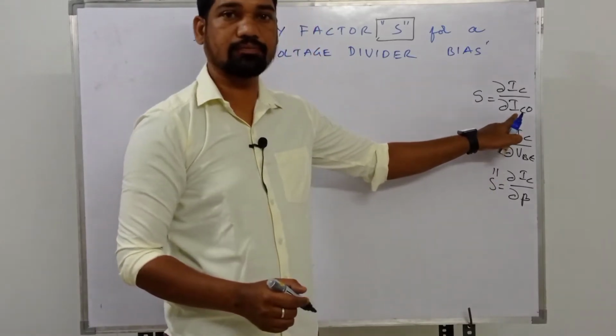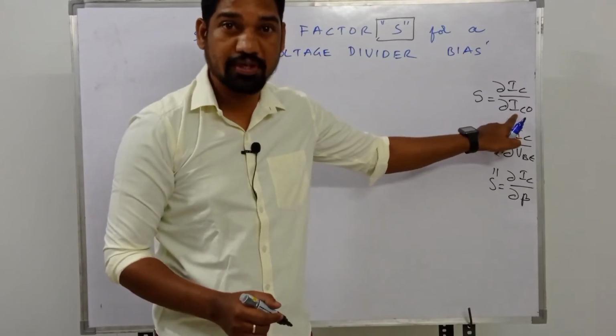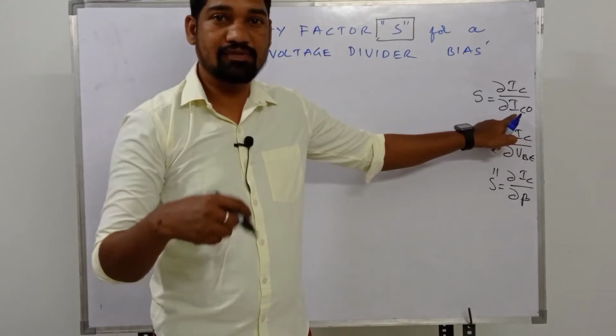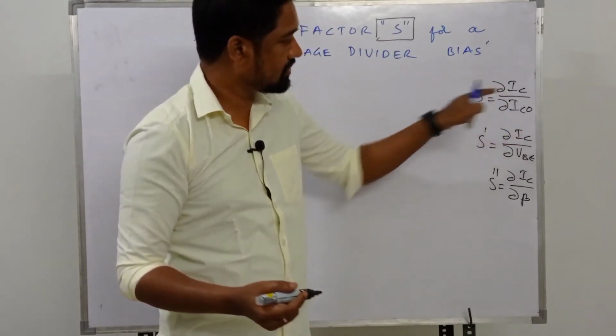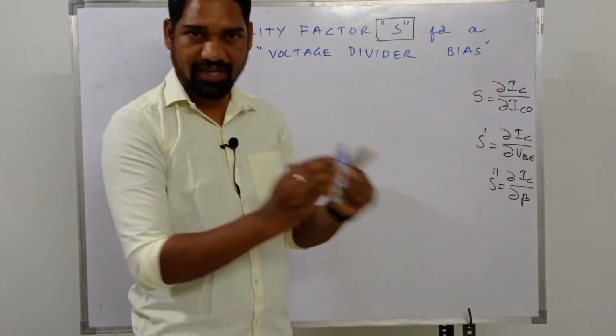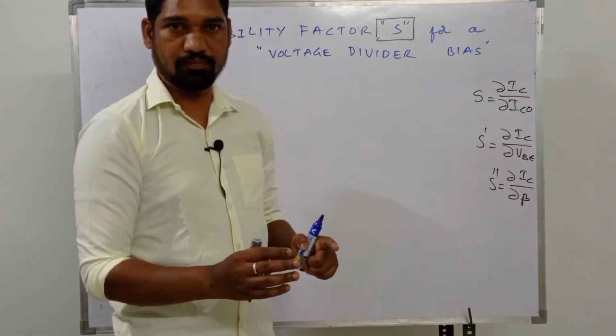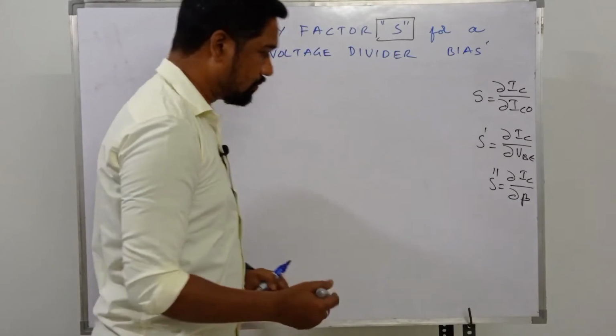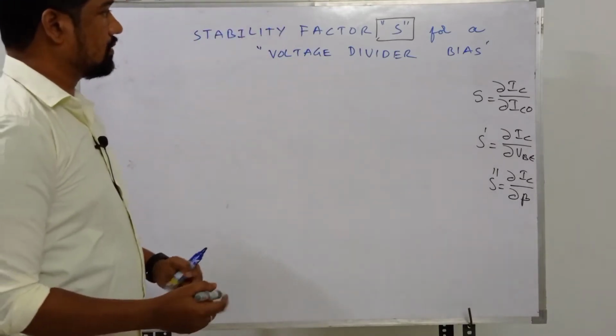Why? Because a serious problem is encountered when there is a rise in temperature that gives rise to the increase in ICO, which changes IC. We have an equation showing the relationship between ICO and IC, right? So where to start the analysis from?